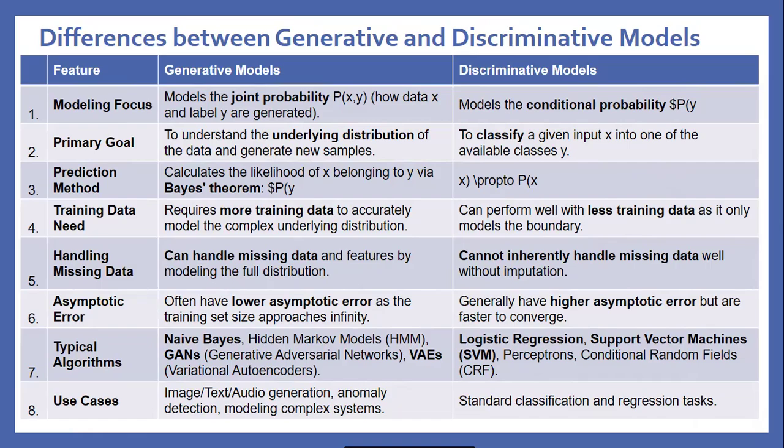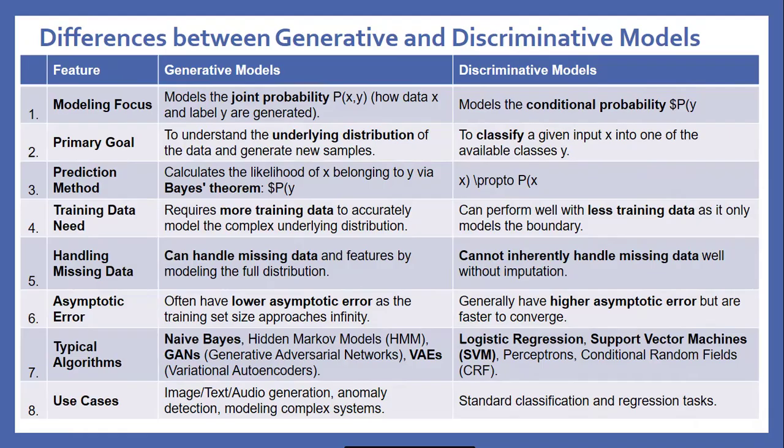Discriminative models cannot inherently handle missing data well without imputation. Asymptotic error: generative models often have higher asymptotic error. Discriminative models generally have lower asymptotic error as the training set size approaches infinity, but generative models are faster to converge.